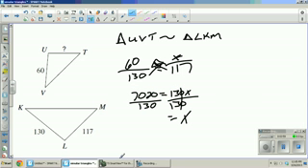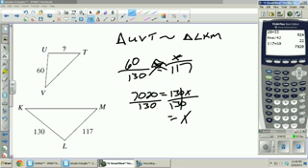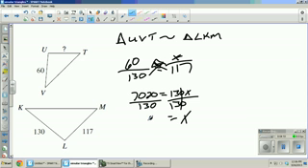I divide by 130, and I get 54. So this would be 54, and that makes sense. You can see that it looks like the right size and everything.